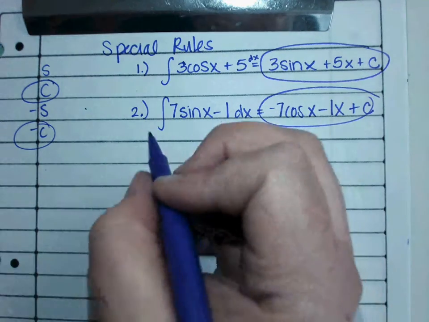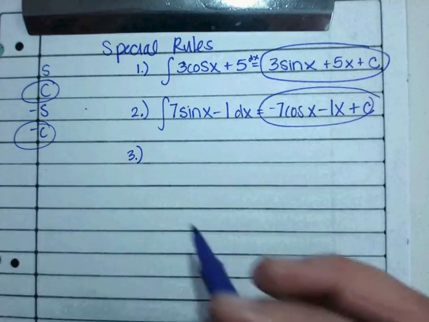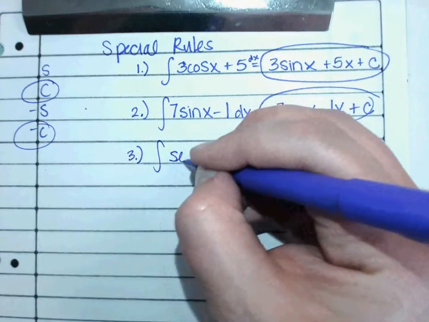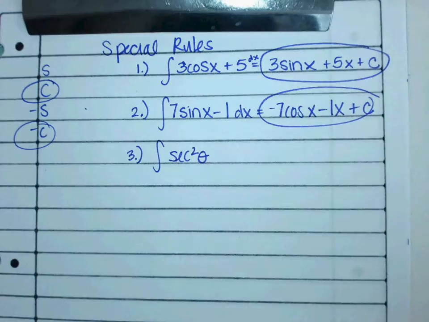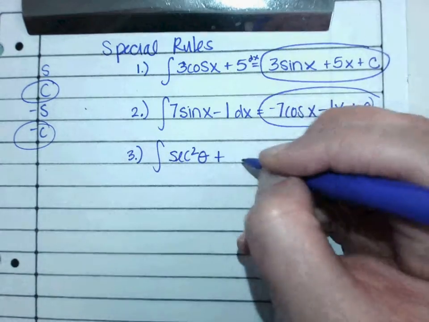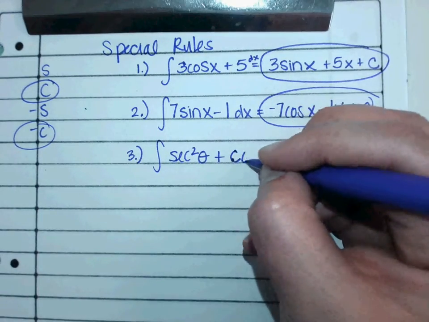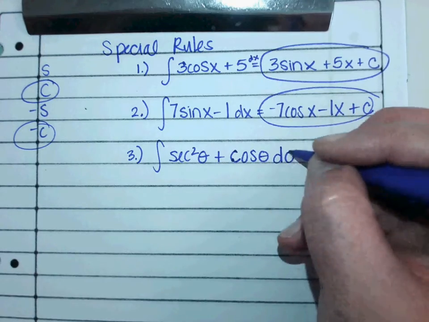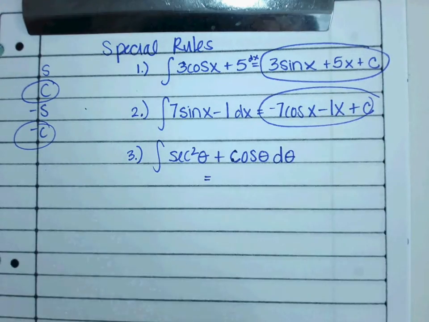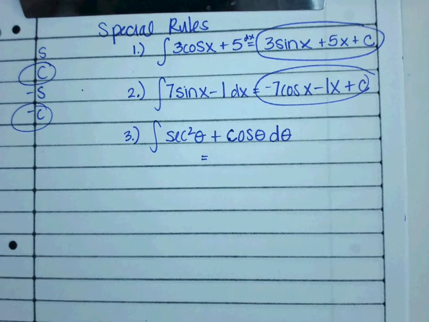Okay, last one like that. Let's do the integral of secant squared theta plus cosine theta d theta. Okay, now think back to when we covered trig.